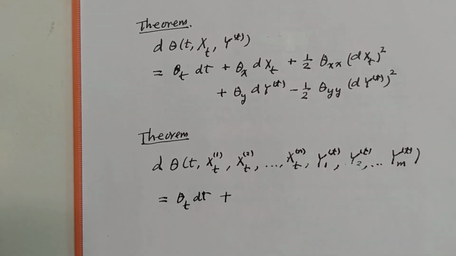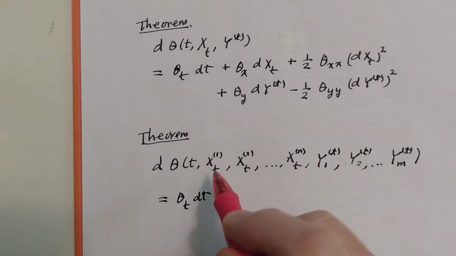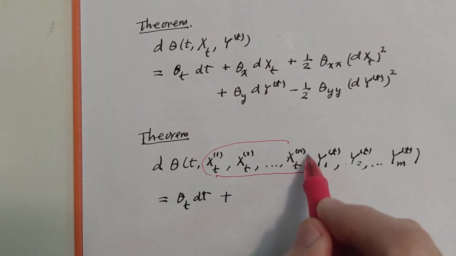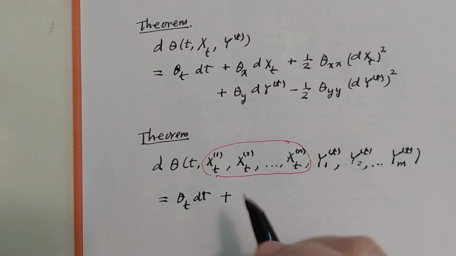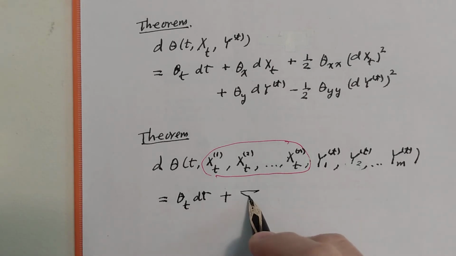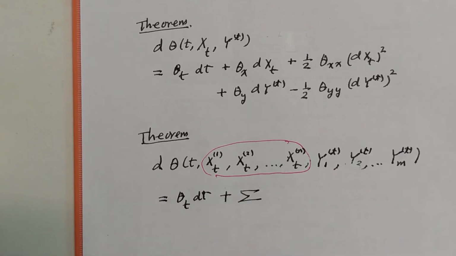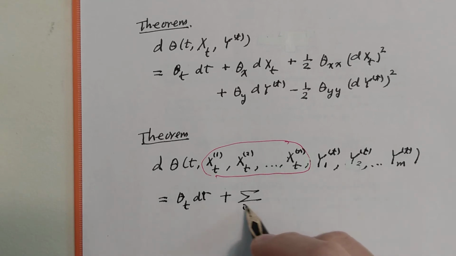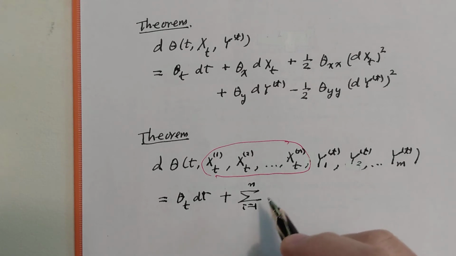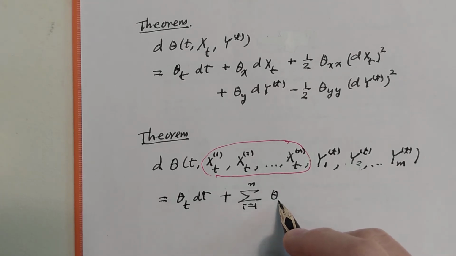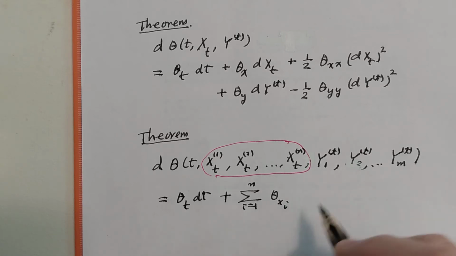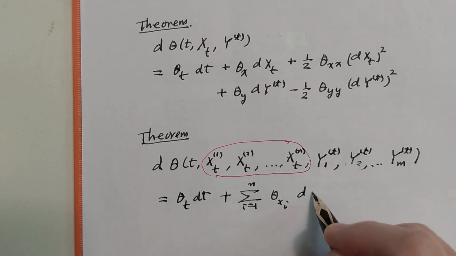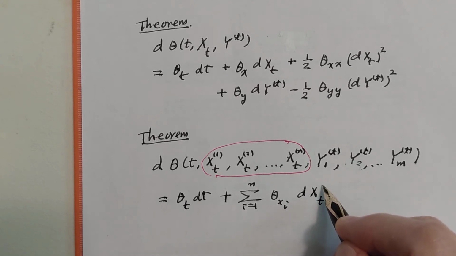And now, for the Ito processes, we have the summation i from 1 to n, and theta sub the partial derivative with respect to x sub i, and then dx sub t sub i.